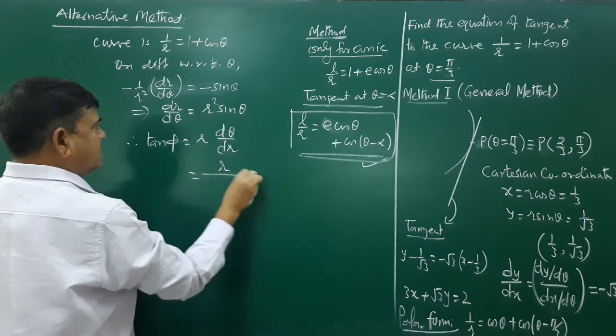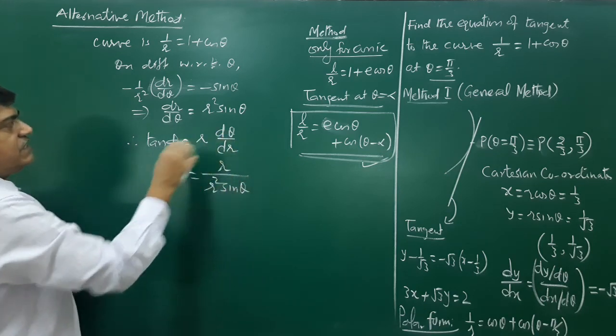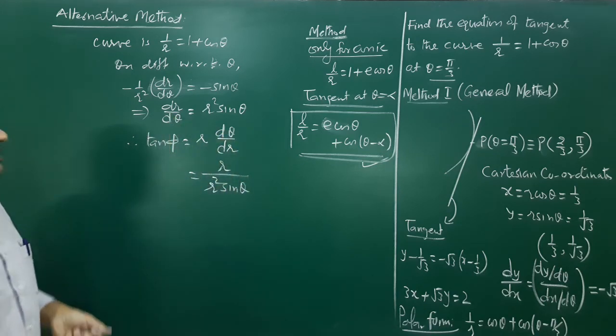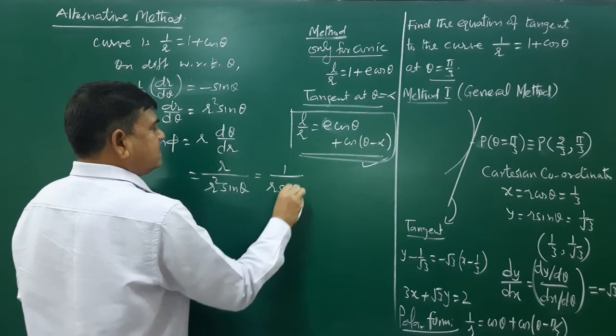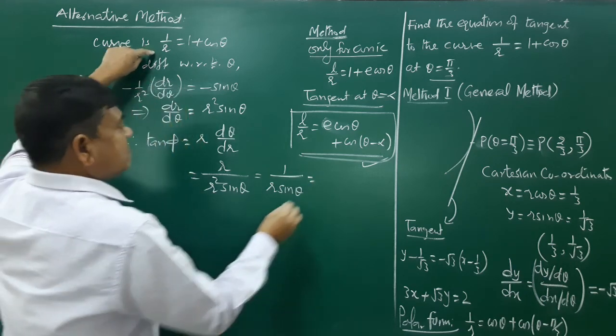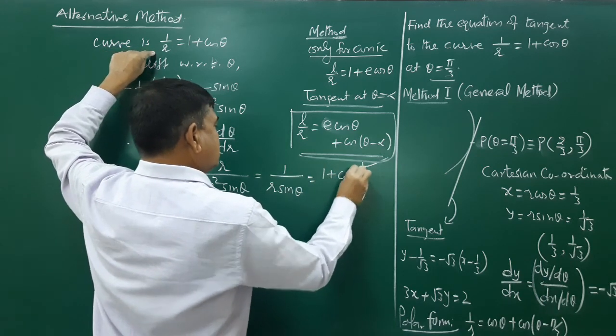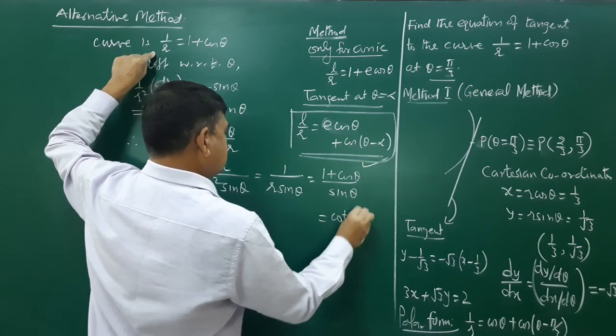So it is r upon r square sin theta, because it is d theta by dr and this is dr by d theta. So this is 1 upon r sin theta, and 1 by r is given as 1 plus cos theta upon sin theta, and this is cot theta by 2.